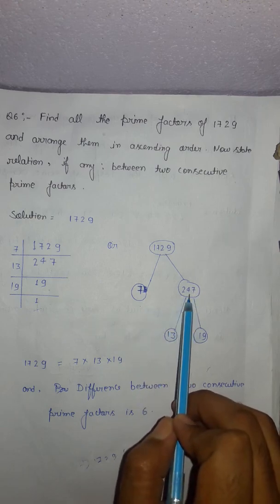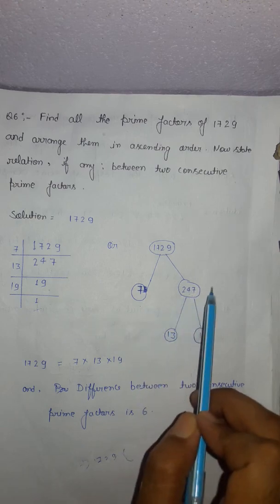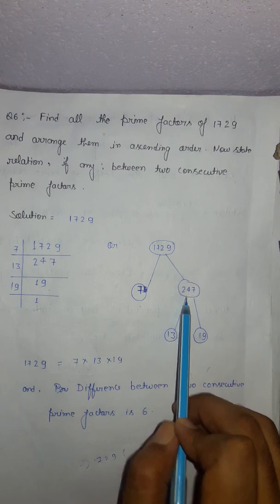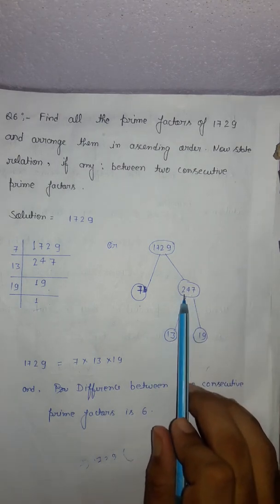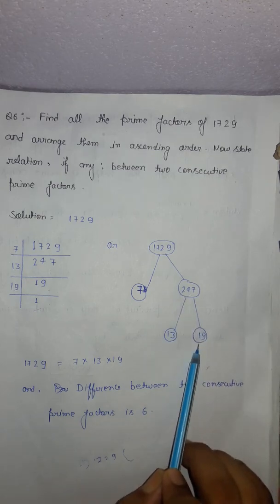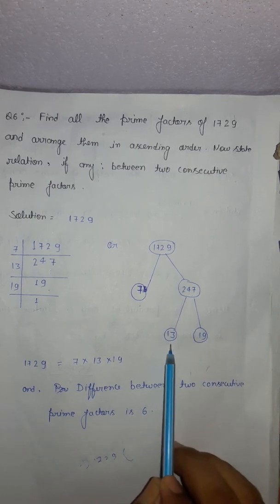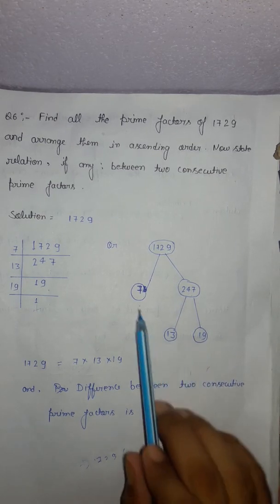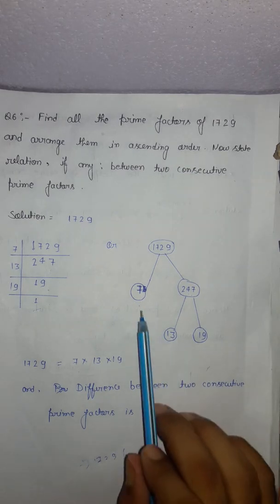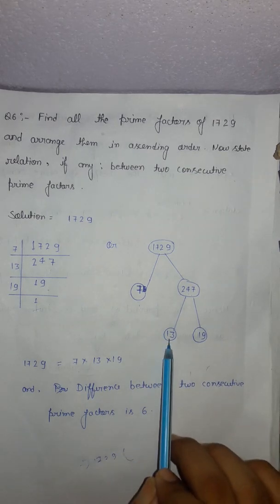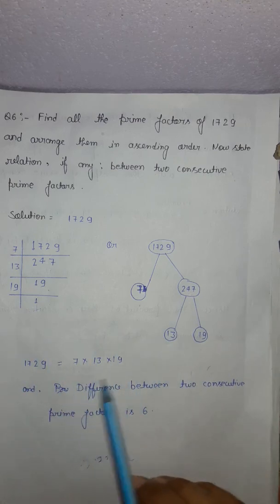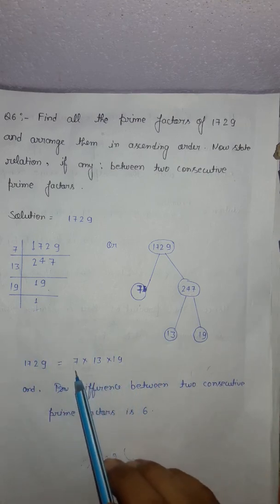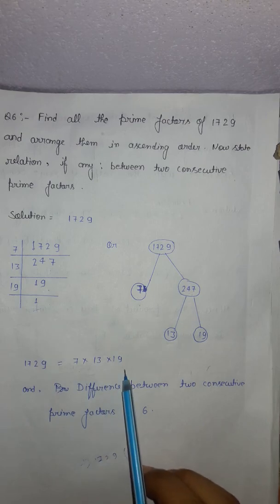Now 247 is not a prime number, so again we have to divide it. 247 is divisible by 13. When we divide it by 13, our answer is 19. Now you can see that both are prime factors. It means that is our answer. So our factors are 7 into 13 into 19. You can see that via both methods you get the same factors, 7 into 13 into 19.